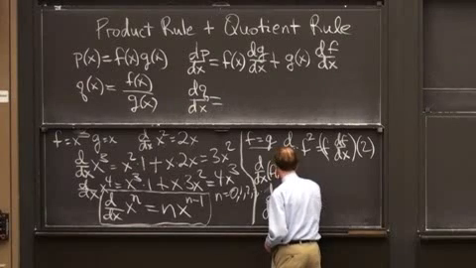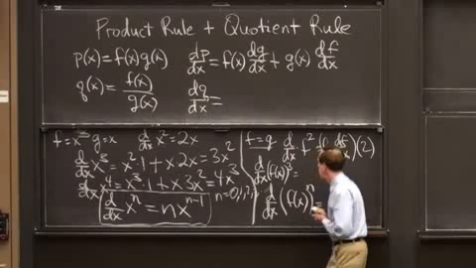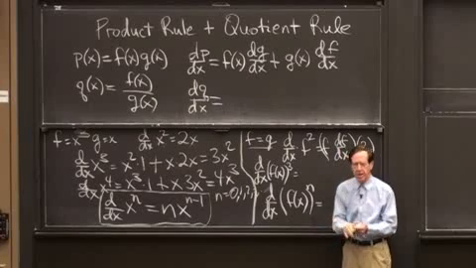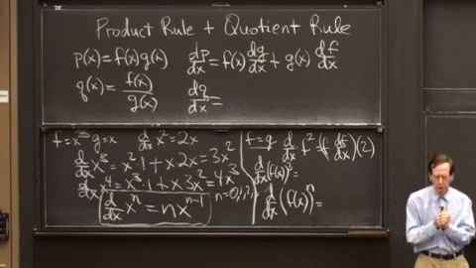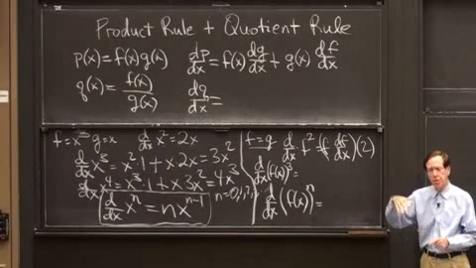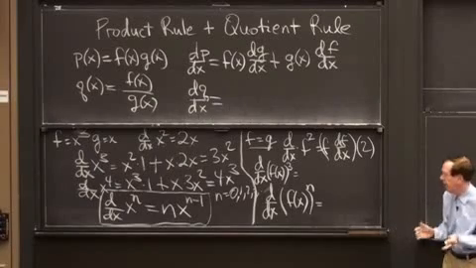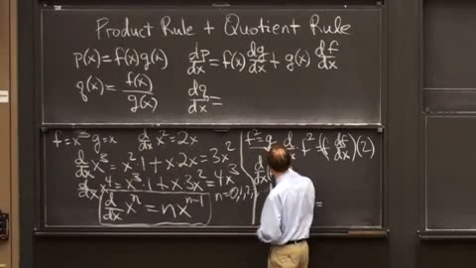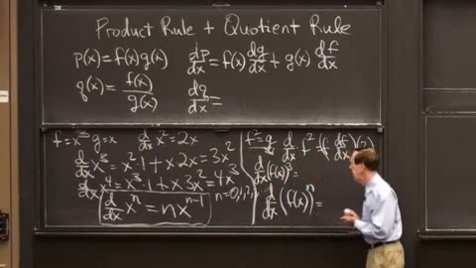Now let's practice with this one. Okay, so now what am I going to take? How do I get f of x cubed? Well, I've got f, so I better take g to be f squared. Then when I multiply, I've got a cube. So g is now going to be f squared for this case.